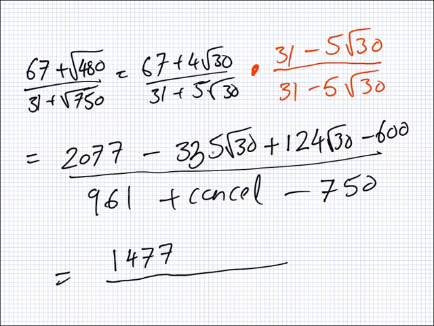And then minus 335 plus 124. That is minus 211. 211 root 30. And then 961 minus 750 is 211.